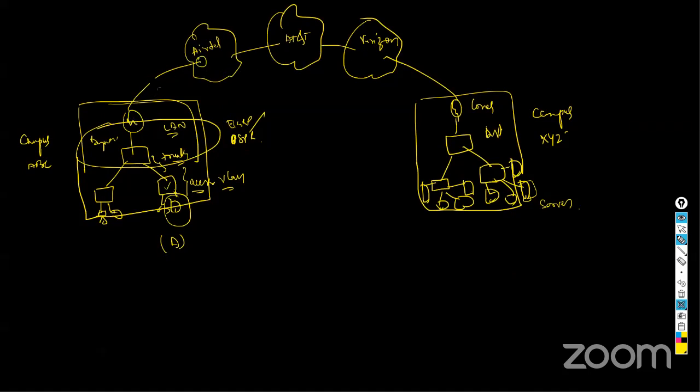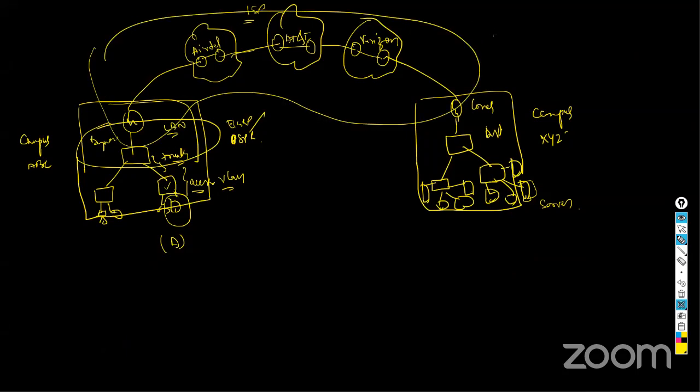So let's say there are a couple of routers within these service providers, or we also call them ISP, internet service provider. They also consist of routers. So you see this whole part is made of routers, and we all know that routers communicate over routing protocols.